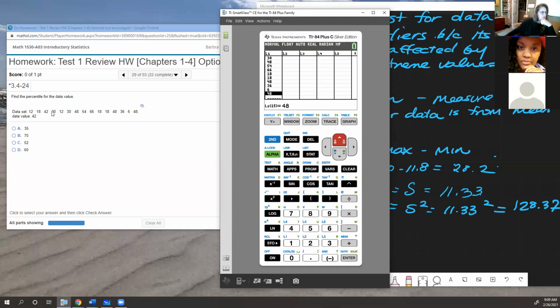One, two, three, 4, 5, 6, 7, 8, 9, 10, 11, 12, 13, 14, 15. Just double check to see you have 15 values. And it looks like I mistyped that first one. That's 12.